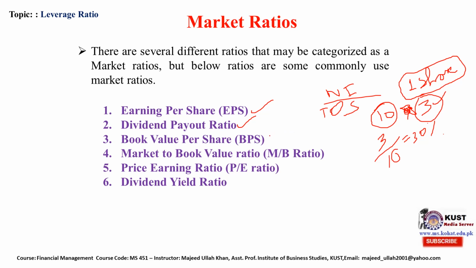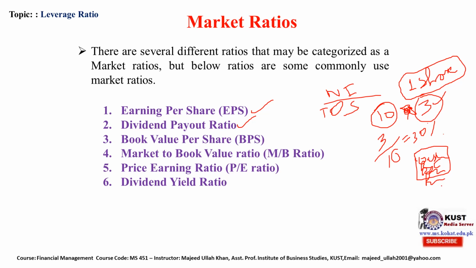Now book value per share. Book value means the company's equity section. It includes outstanding shares, retained earnings, reserves, and premium.